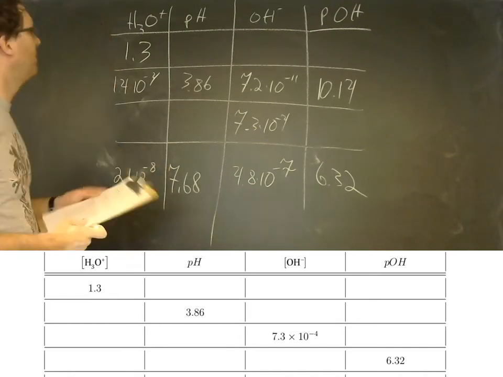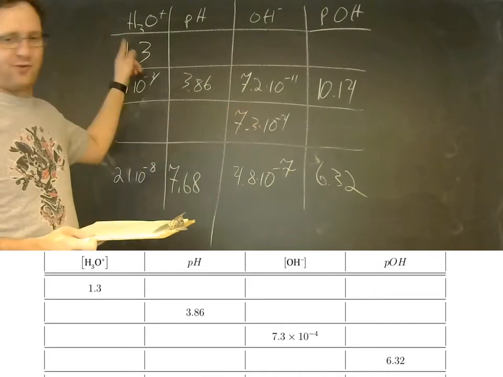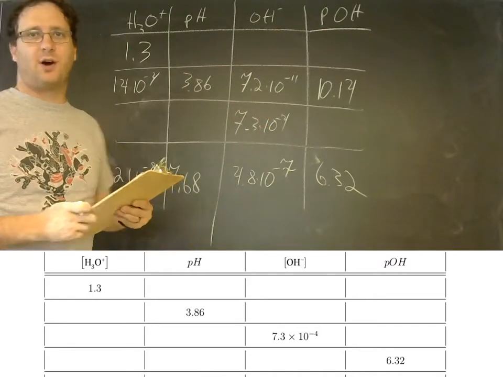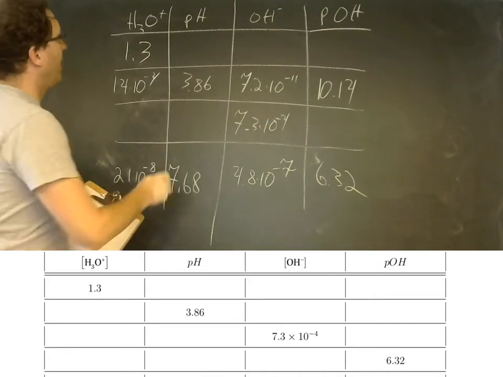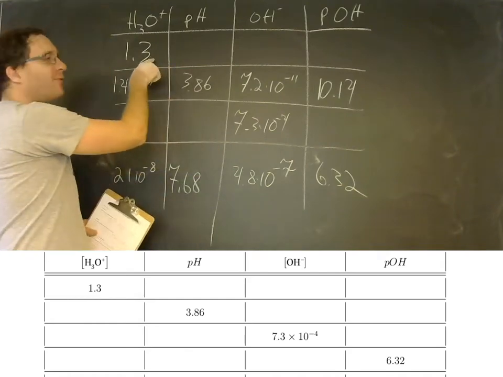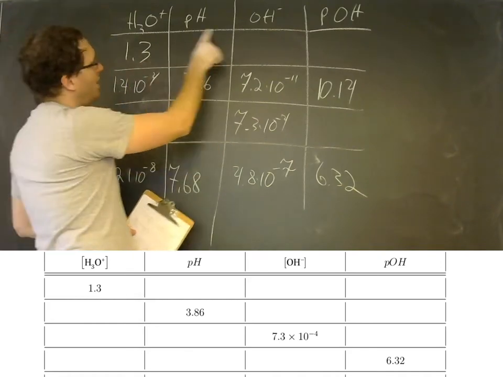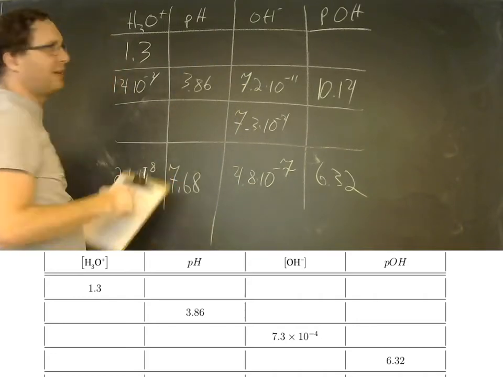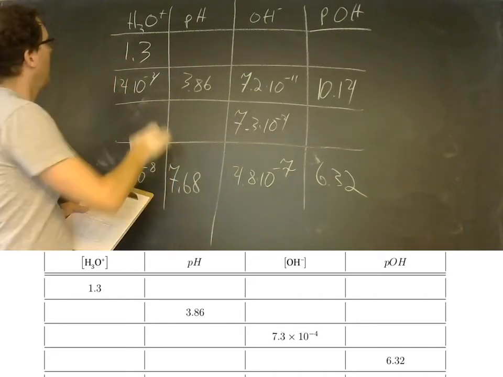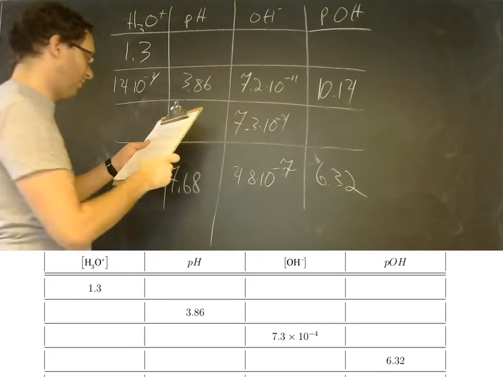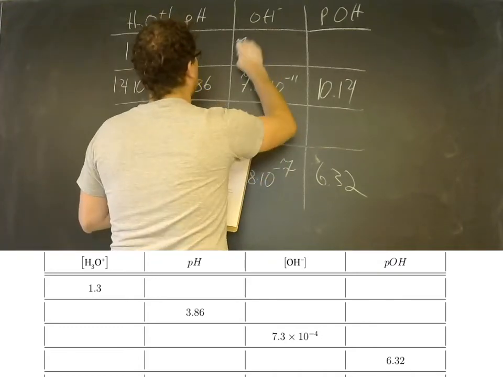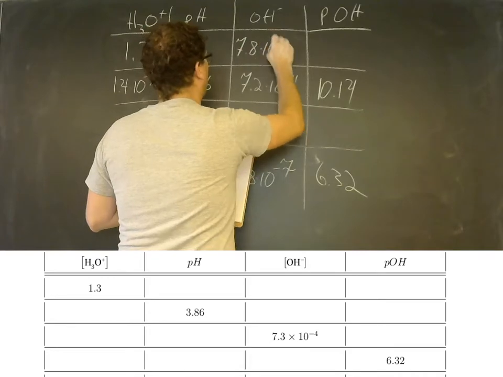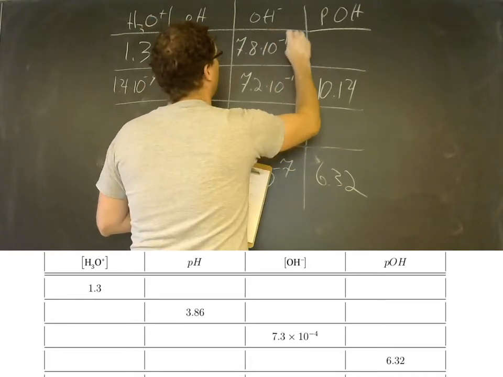Okay, well, these ones we don't have pH for, so we'll just do it the hard way. I know that 10 to the negative 14th is equal to the product of H3O plus and OH minus. And so I'll take 10 to the negative 14th and divide it by 1.3 to get 7.8 times 10 to the negative 15th.